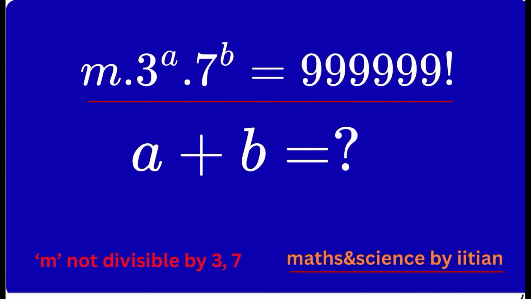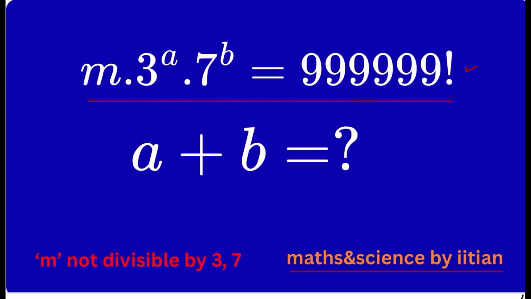Here, m into 3 to the power of a into 7 to the power of b is equal to a very big factorial number, a 6-digit factorial number which cannot be solved easily without using number theory theorems.